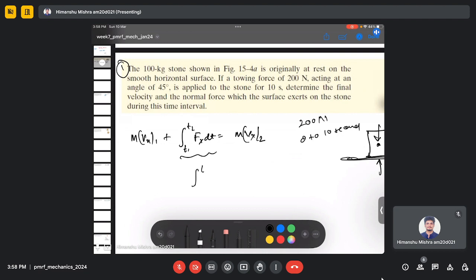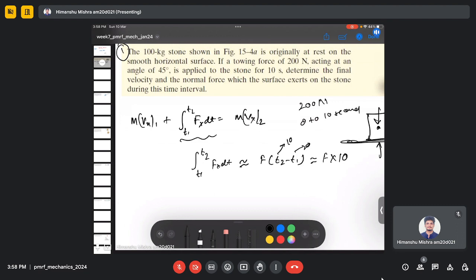So I can approximate this term as F times (T2 minus T1), which is F multiplied by 10, where T1 is 0 and T2 is 10 seconds. And my initial velocity is 0 also. So it is 0 plus F times 10 equals M V2.